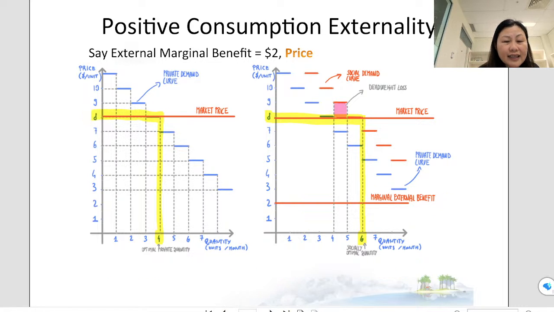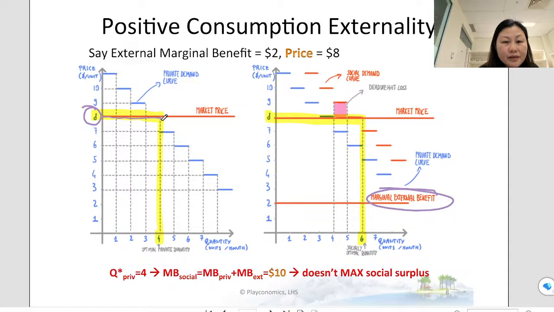At $8, Maya is going to demand 4 units. But at $8, we not only need to take into account Maya, we need to take into account Benji.